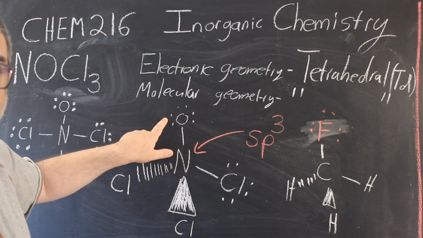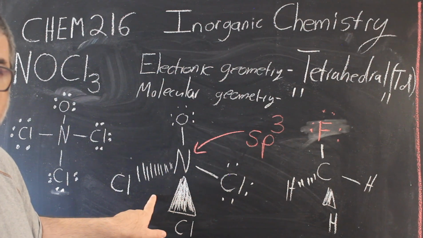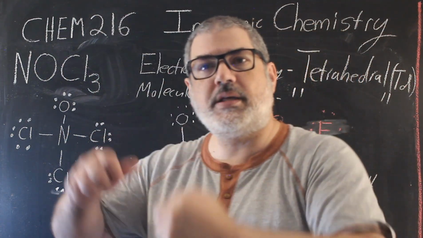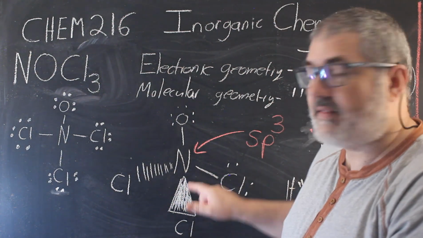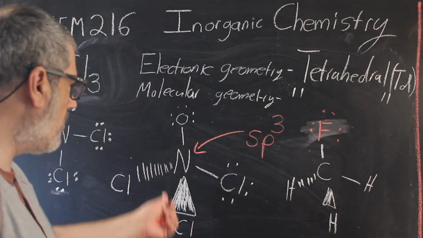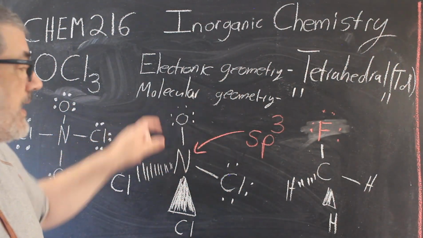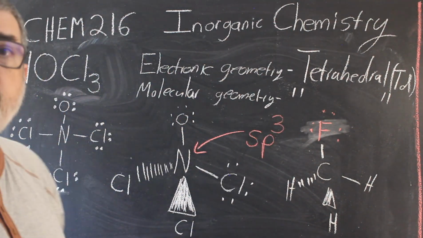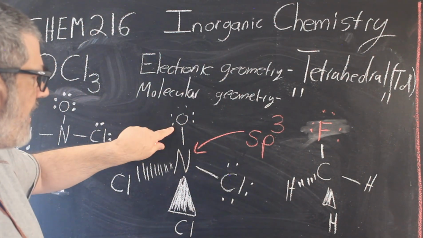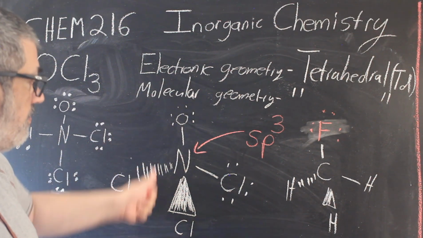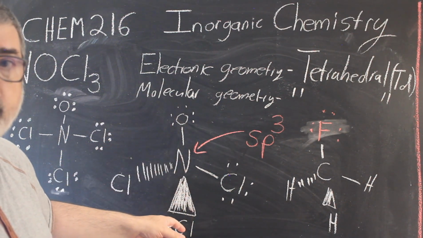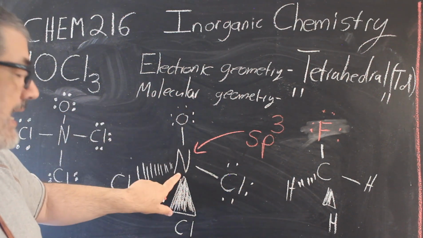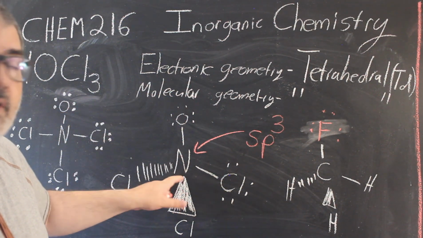We have an oxygen here. Oxygen is not the same as chlorine, so there's going to be a difference in how the electronegativity is affecting this nitrogen. In other words, we've got 3 chlorines pulling on it and then an oxygen, and so that's going to create a dipole. If we make the assumption that the oxygen is pulling more on the nitrogen than the chlorine, then that means the oxygen would be partially negative and the nitrogen would be partially positive.